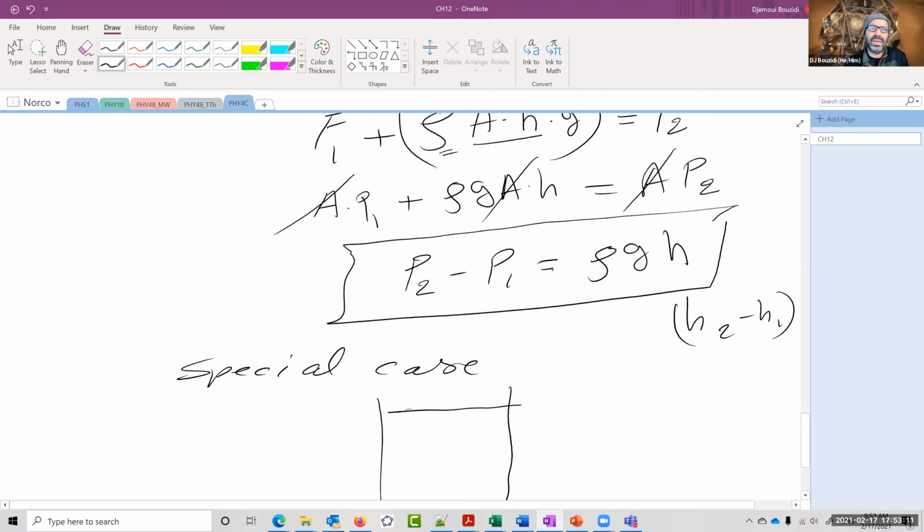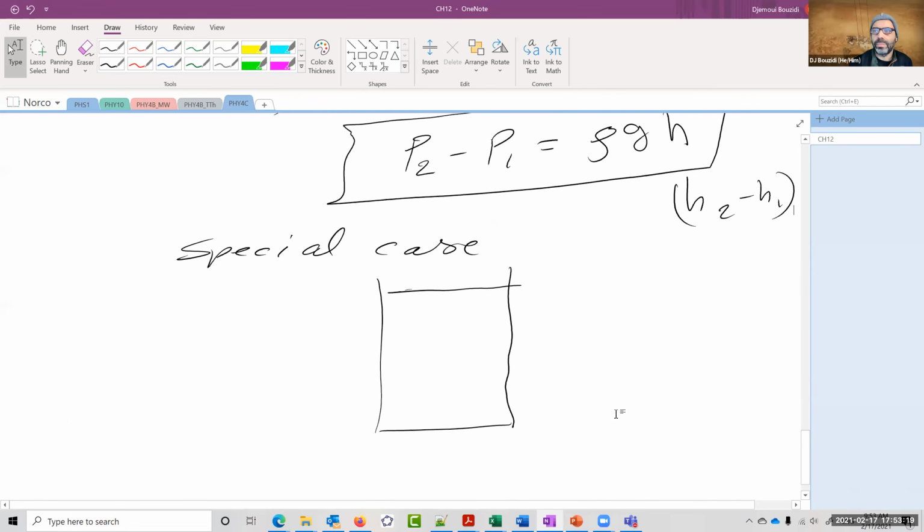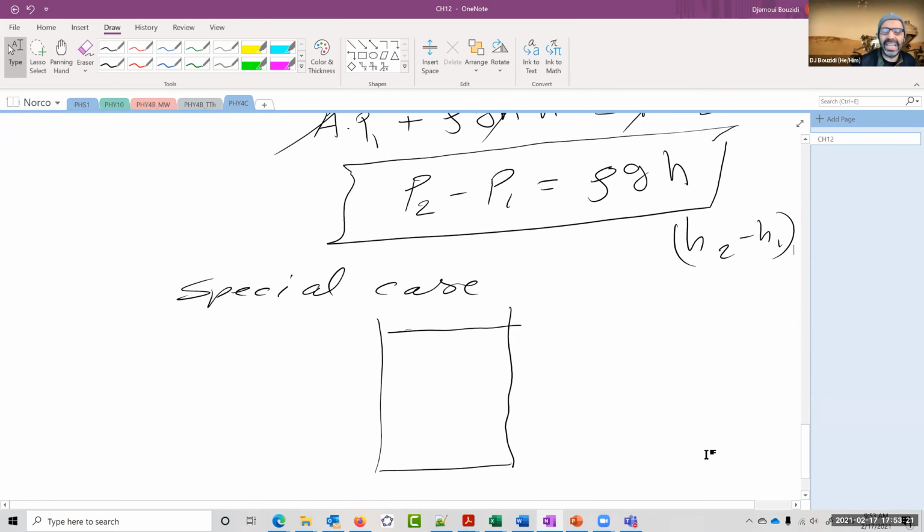So if you just change the system of coordinates to a new system with the origin shifted, the expression would work the same. I'm going to take H1 to be exactly 0 in my reference frame. If H1 is 0, I know that this pressure is the atmospheric pressure. Now I go to any depth H below this origin.